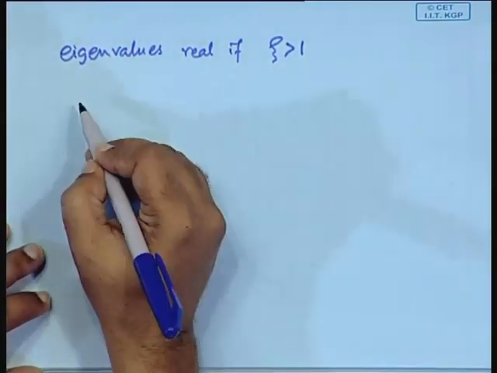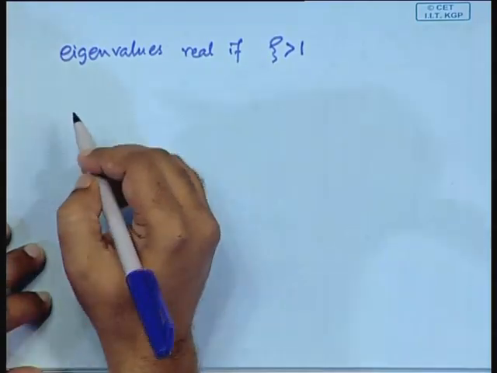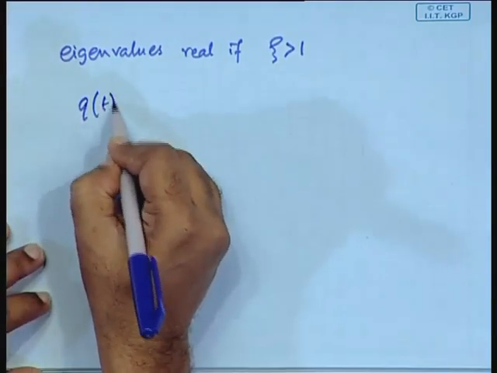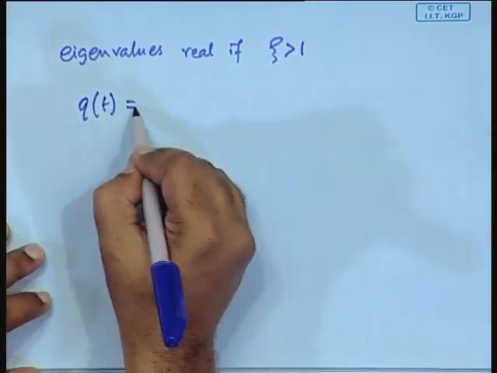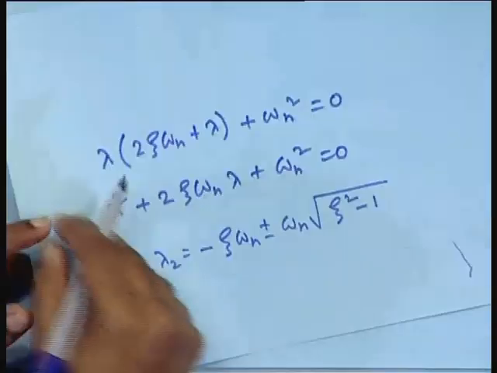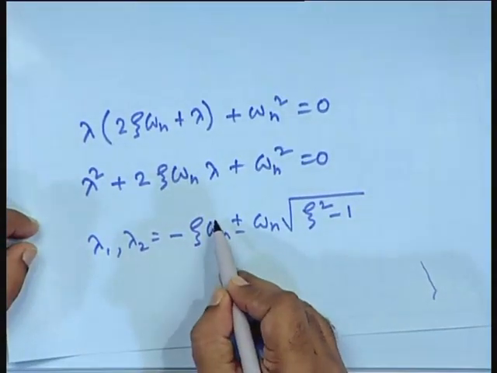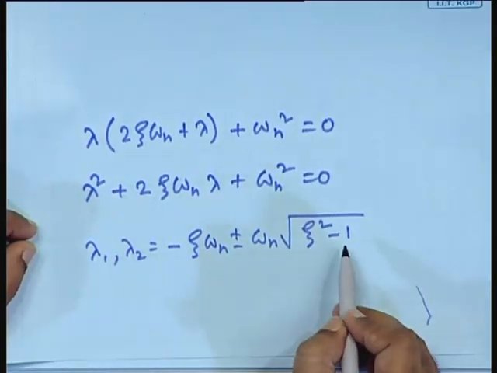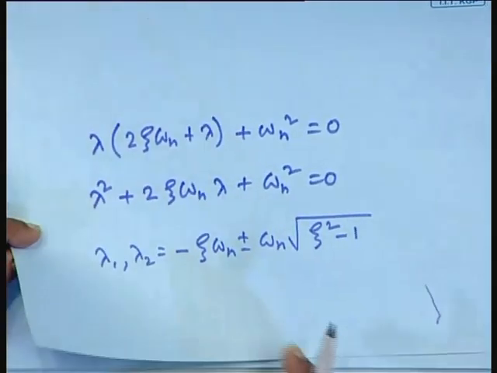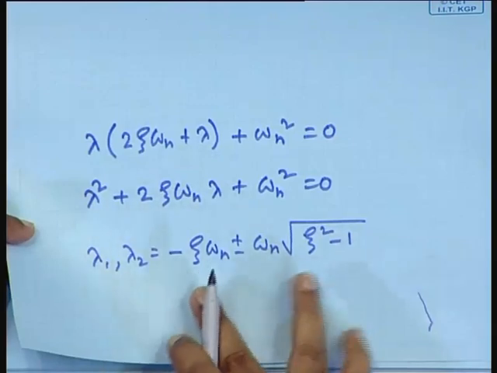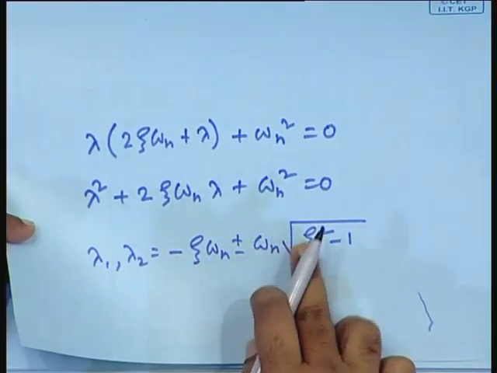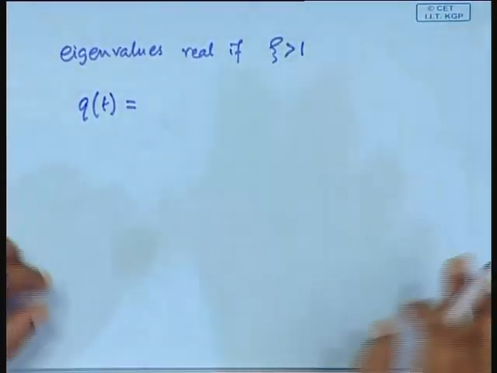Let us see. The solution then will be, which you already know, q of t is equal to, the whole thing is real part. So, it is one plus another minus. So, accordingly you write the solution.